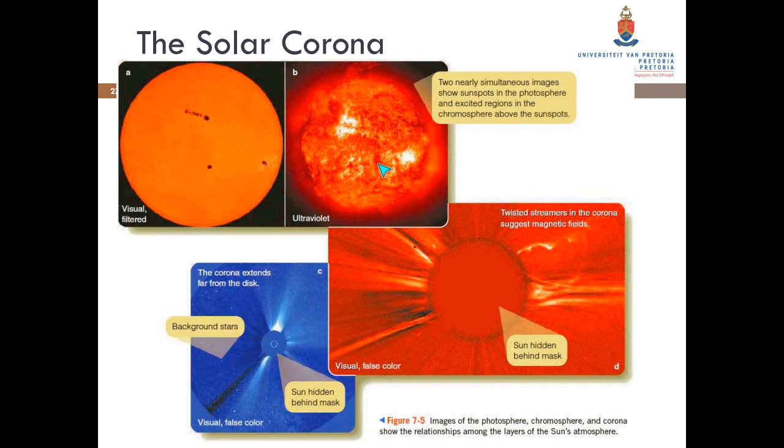And then in the images below, these are false color images. We have specialized cameras that we call coronagraphs that block out the sun itself, and then we can observe the corona around the sun.